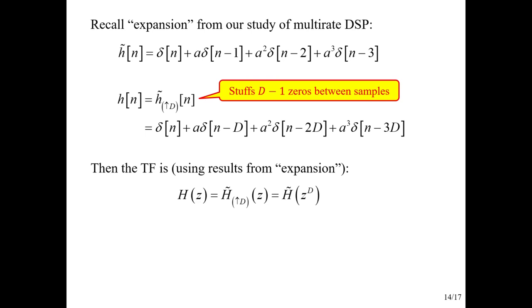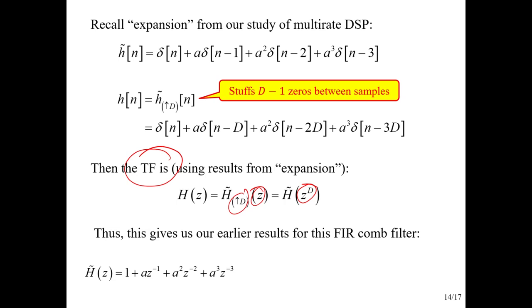Also, if we recall our expansion result for the transfer function, the equivalent of stuffing zeros in the time domain was replacing Z by Z to the D. So that means everywhere there was a Z in our prototype filter's transfer function. For this prototype, that was just a 1, A Z inverse, A squared Z to the minus 2, and so forth.